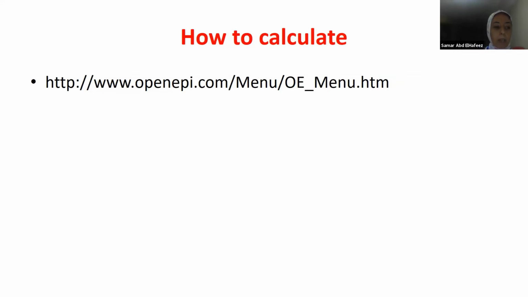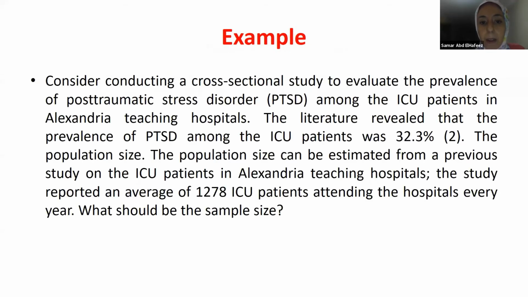The most usable program for us to calculate the sample size is the EpiInfo program. So let's take an example and see how we calculate the sample size. Consider conducting a cross-sectional study to evaluate the prevalence of post-traumatic stress disorder among ICU patients in Alexandria Teaching Hospital.